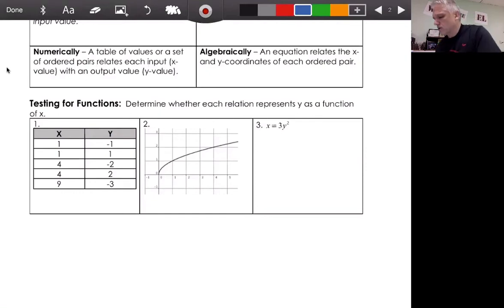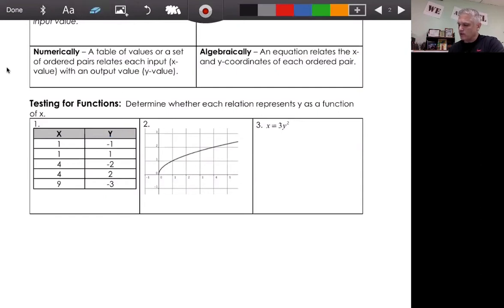Well, take a look at this. If x is 1, your y is -1. But if x is 1, you also have a y of +1. Because you have two answers for what is y when x is a certain value, that immediately tells you this is not a function.